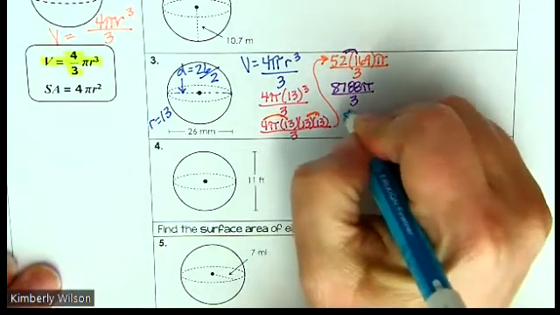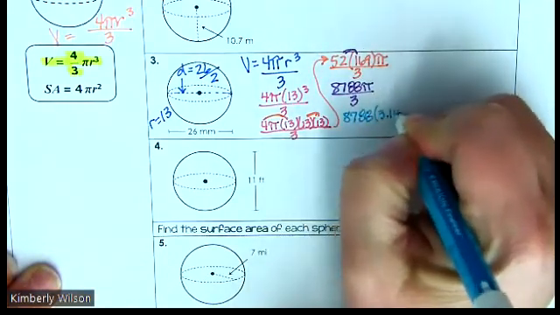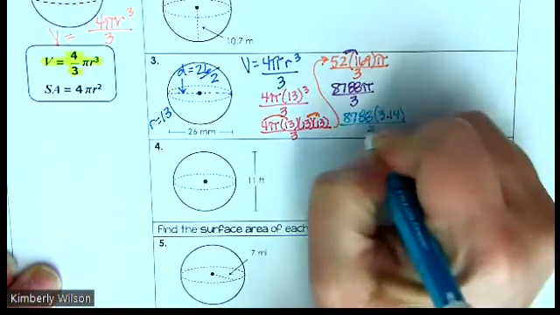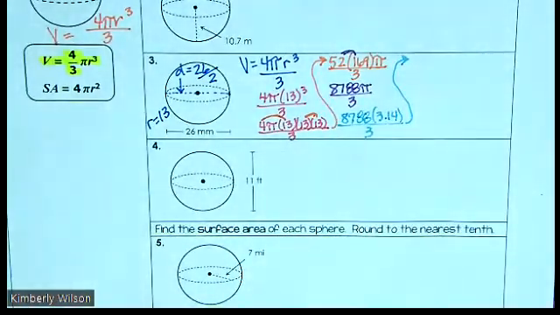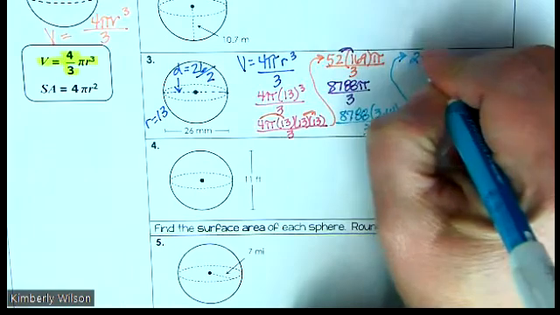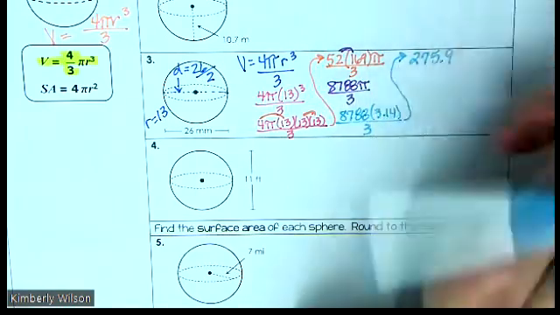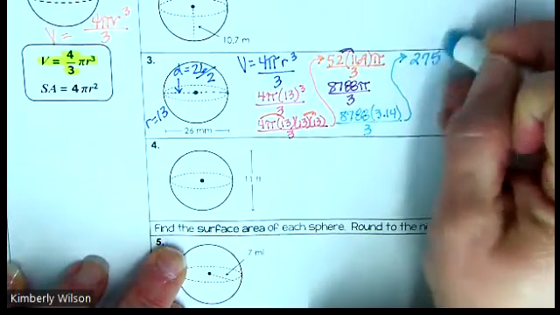So I have 8788 times 3.14, all divided by 3. 8788 times 3.14 gives me 275 point, oops, the decimal too soon. Gotta pay attention to that.